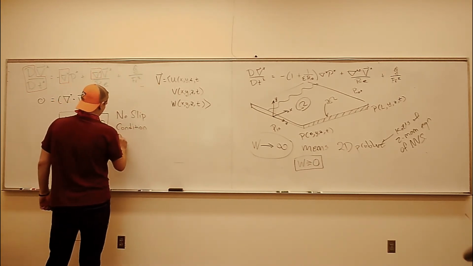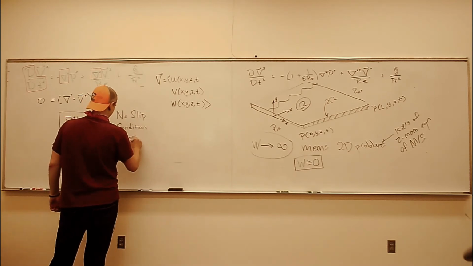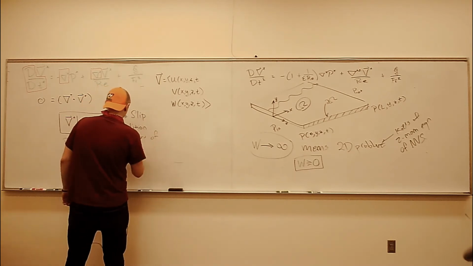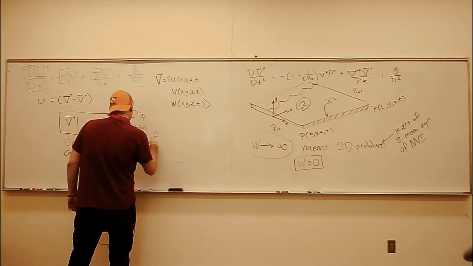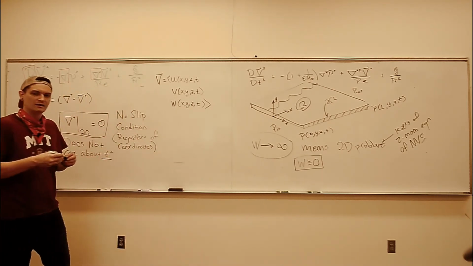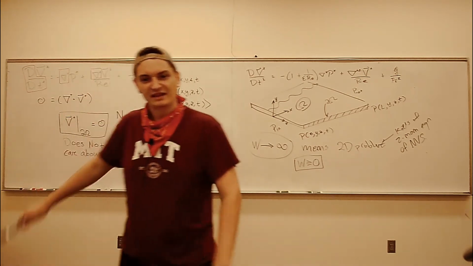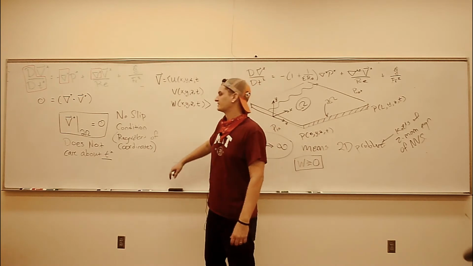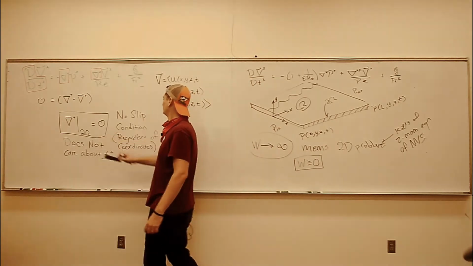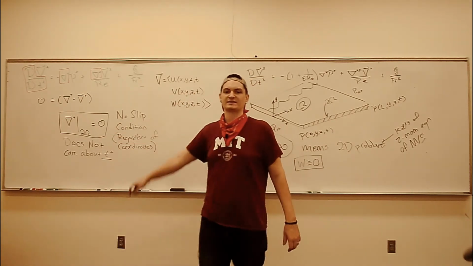So another one is sort of an addendum, regardless. Because it's an experimental fact, and we think of it as a physical assumption, right? As a physical law, this no-slip condition doesn't care about the coordinates that you pick.